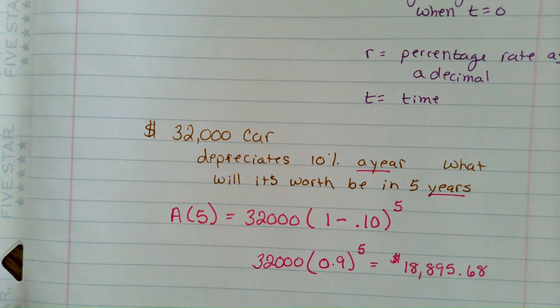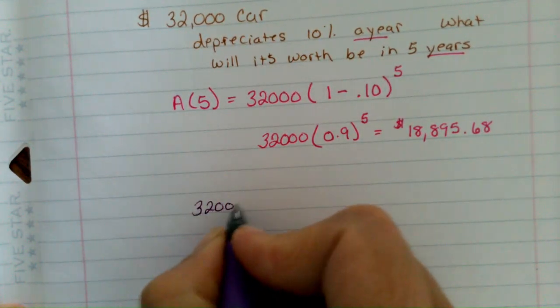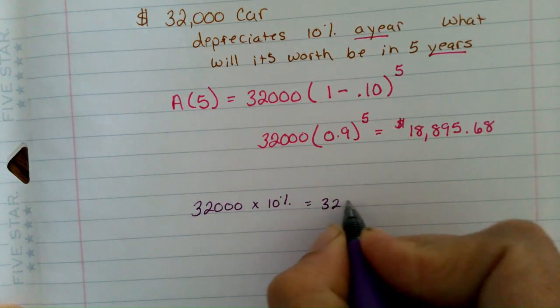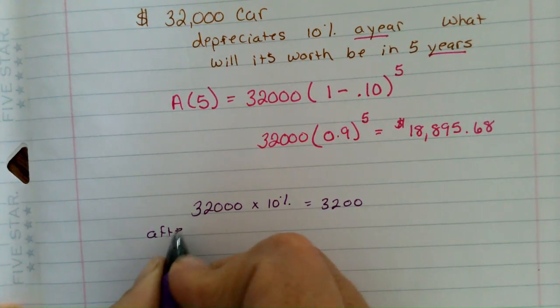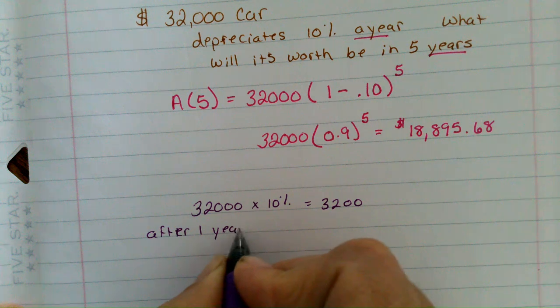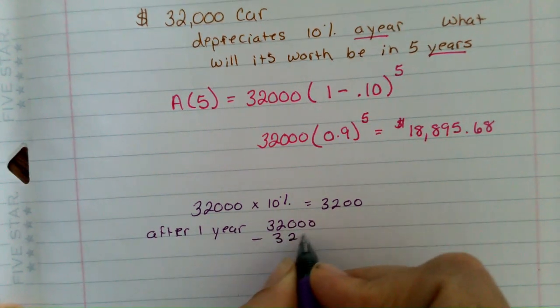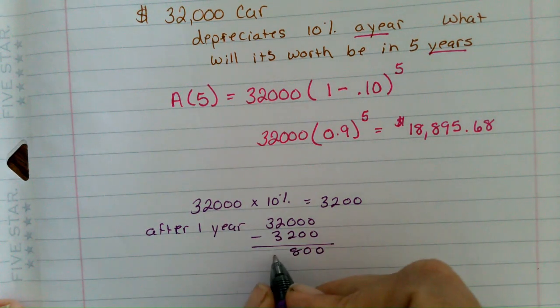Doing it this way saves us from going, okay, 32,000 times 10% is 3200. So after 1 year, 32,000 minus 3200. Right?